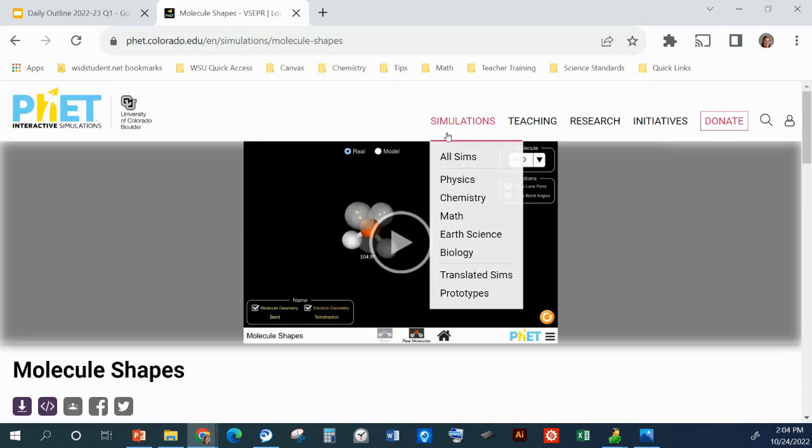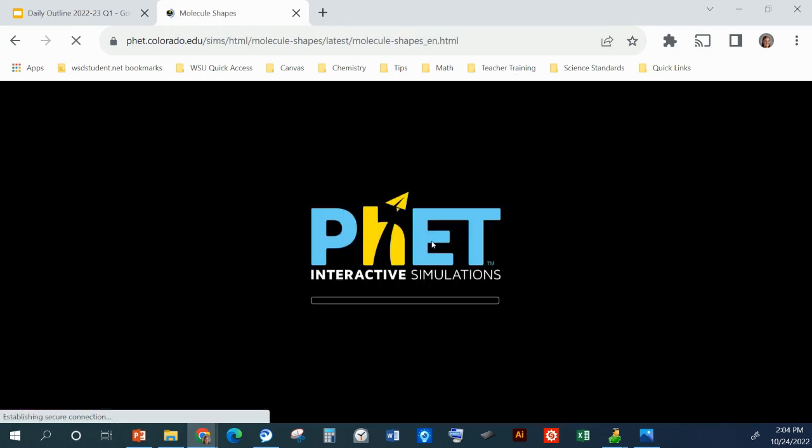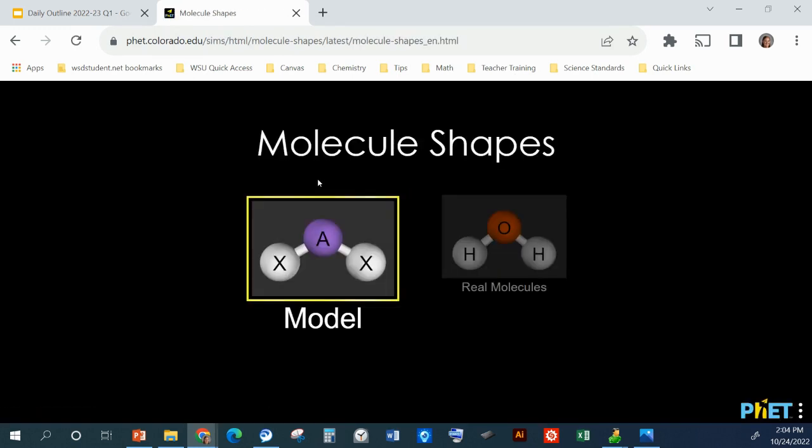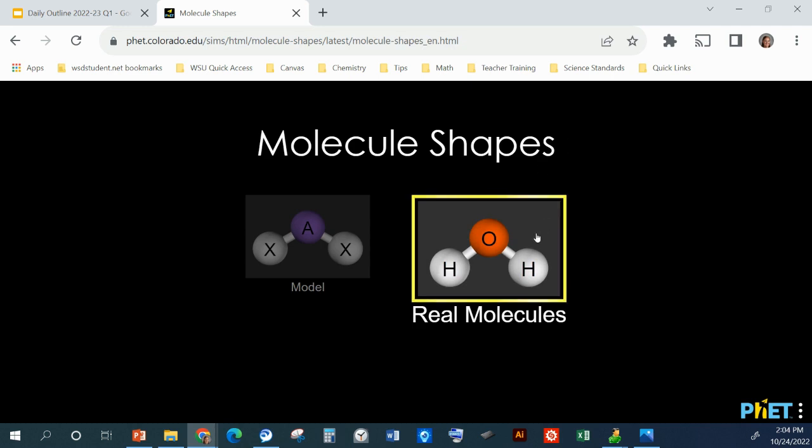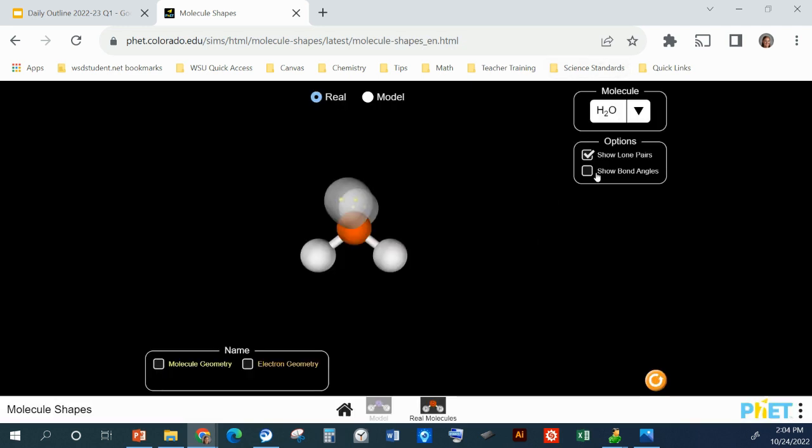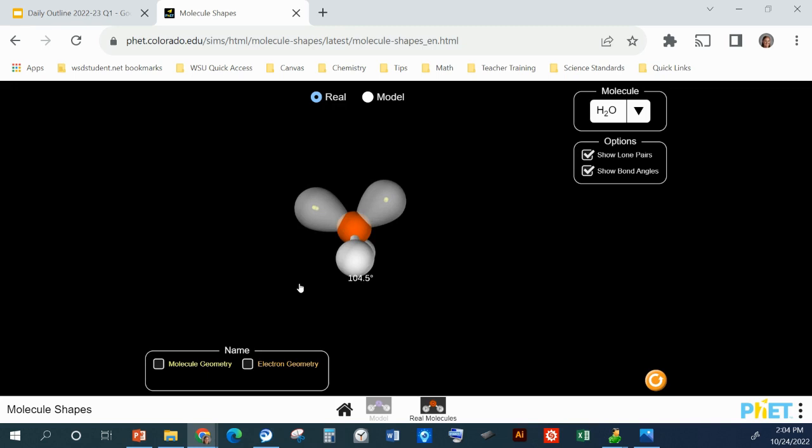So that's another way to visualize that. If this is something you're struggling with, you can look at these different molecules. So for water, we can even show the bond angles. If you have lone pairs, it gets a little bit different, so maybe don't look at the bond angles here.